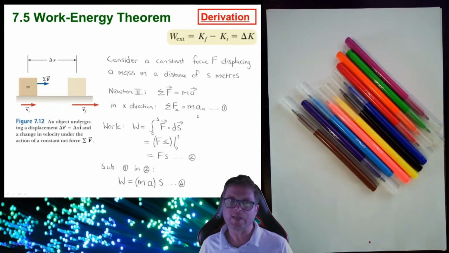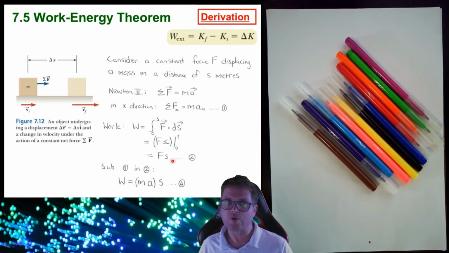The second thing we can do is look at the work being done. This is the definition. Remember, we have the force times the distance, where ds will be the distance. It's operating over a distance with respect to x as the block moves from 0 to s.